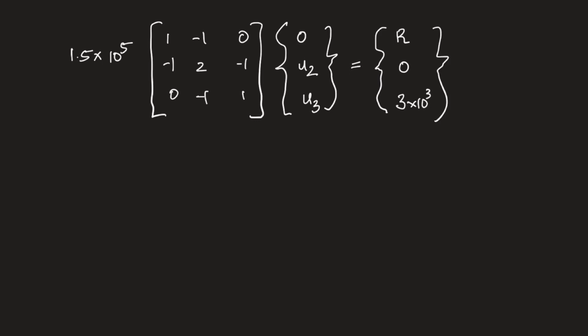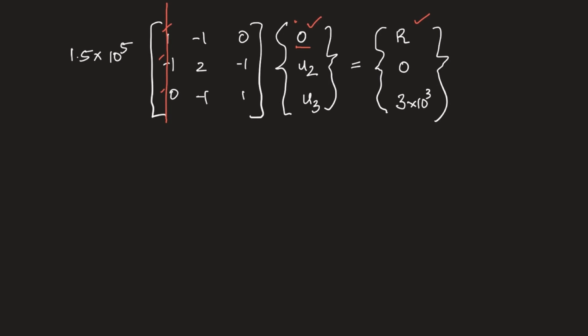Now to solve this, first we see that the value of u1 is 0, which means the first column values get multiplied with 0. So you don't have to consider that at all, and you can cross out the first column here. And second, the reason why F1 is equal to R is because you fix node 1, so u1 is equal to 0.